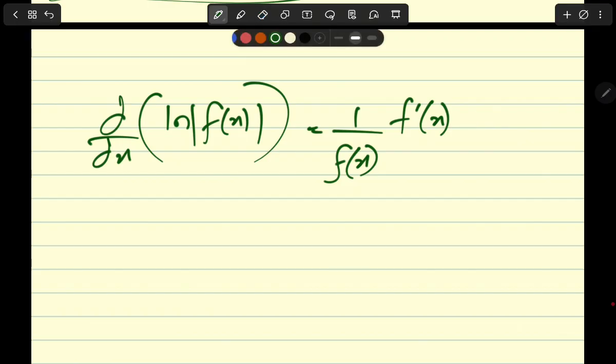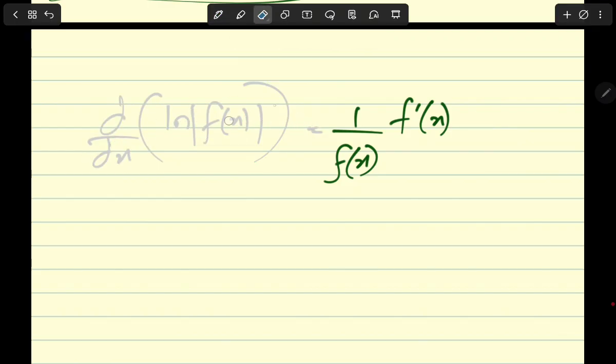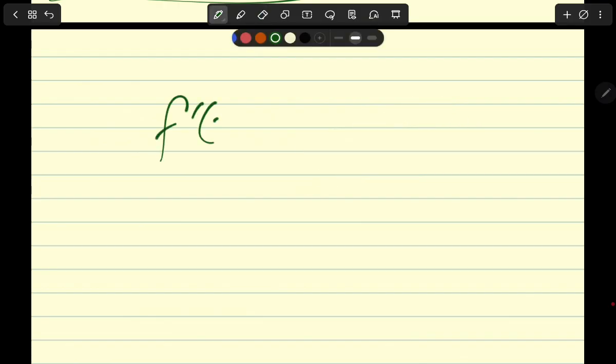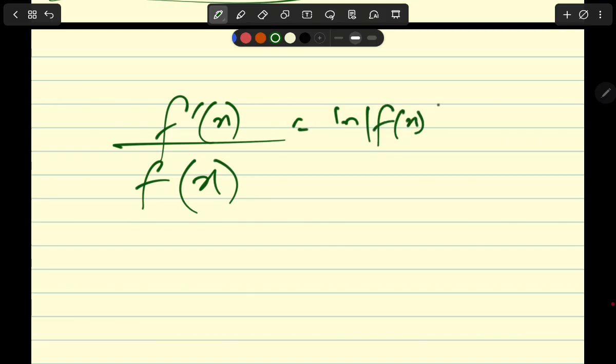Now the reverse of it: if you have something where the differential is in the numerator of an expression of a function which is in the denominator, in such a case, you're just going to write ln of the function. And of course the entire family of it, so you are going to put a c here as well, unless you have some initial condition given in order to lock a specific function.